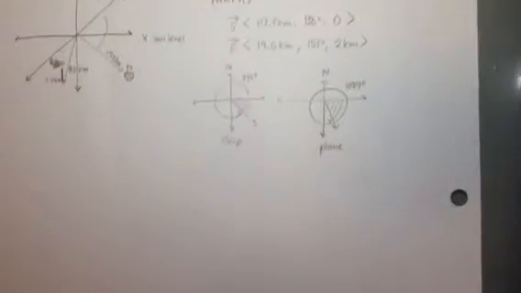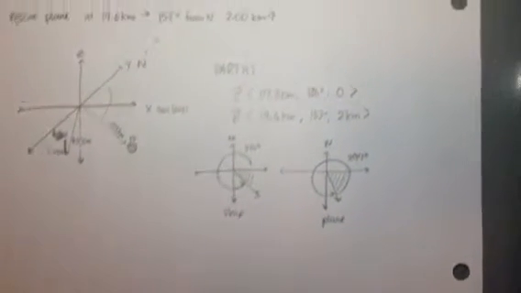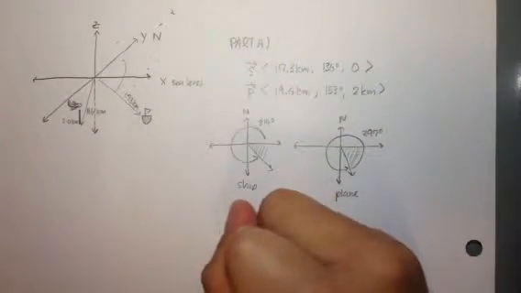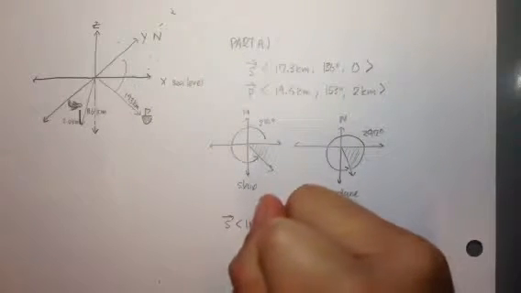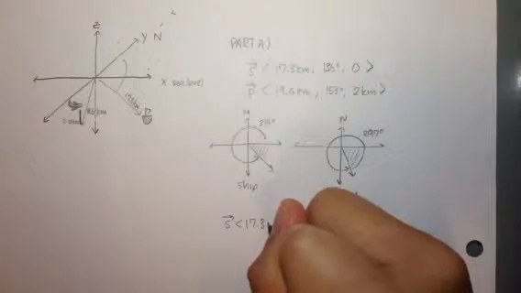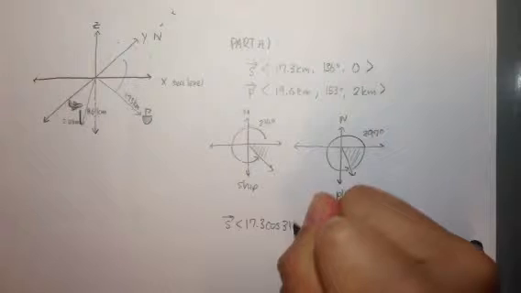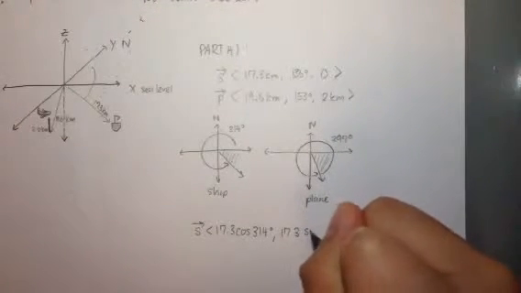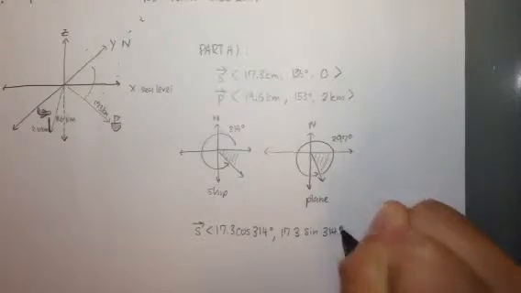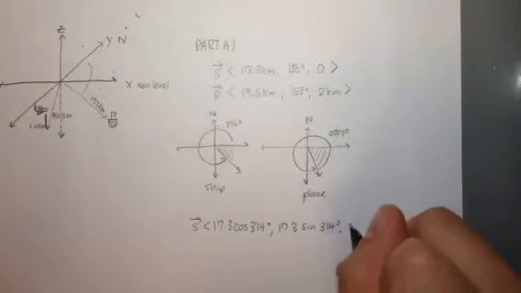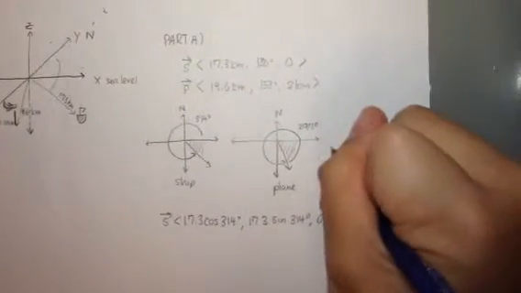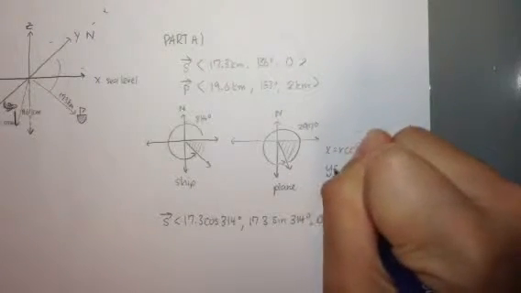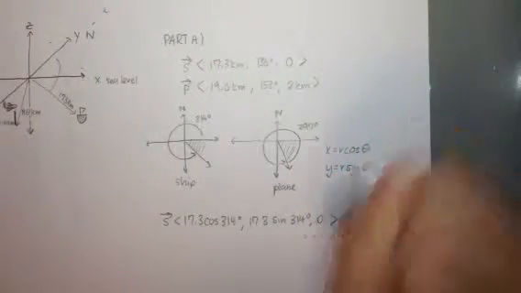All right, so now we're going to change them into Cartesian form. The vector S is going to be 17.3 cosine 314 degrees, 17.3 sine 314 degrees, and 0. Keep in mind that x equals r cosine theta and y equals r sine theta.